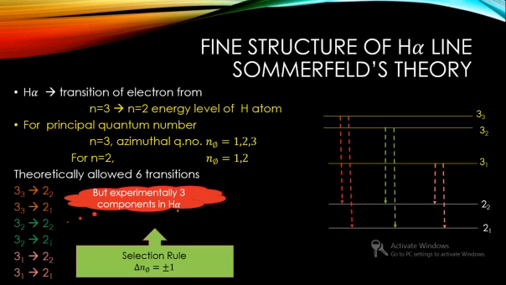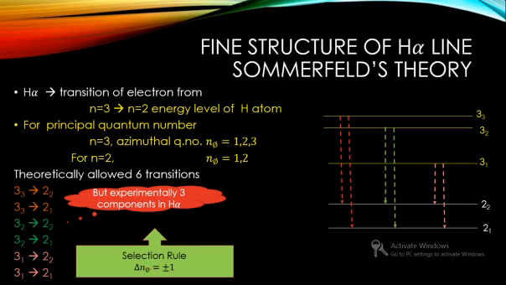Hence Sommerfeld applied a selection rule to match the experimental observation with the theoretical one. He proposed the selection rule that only those transitions are allowed for which the change in n_phi is either plus or minus 1.